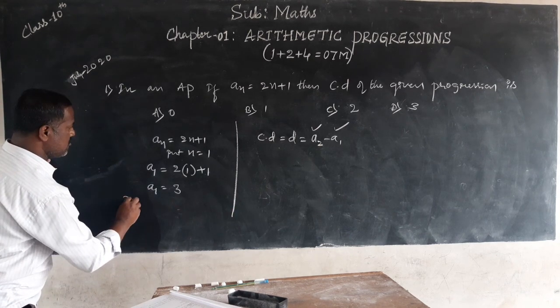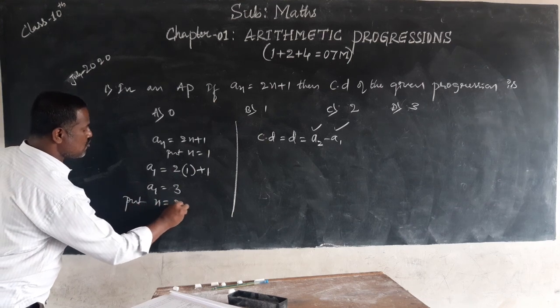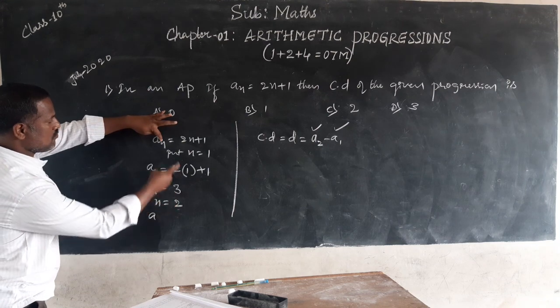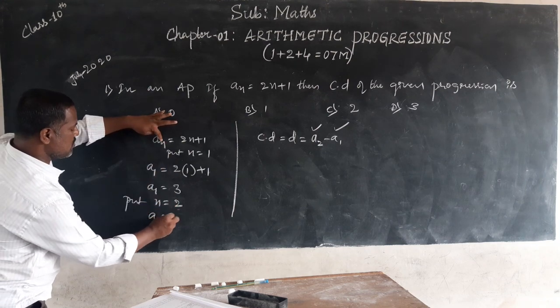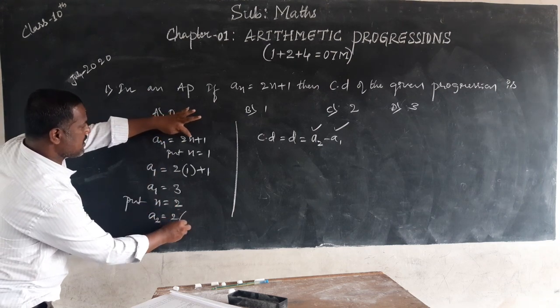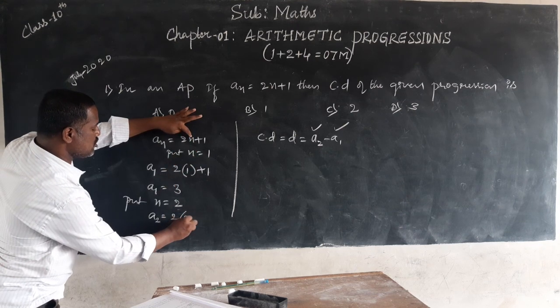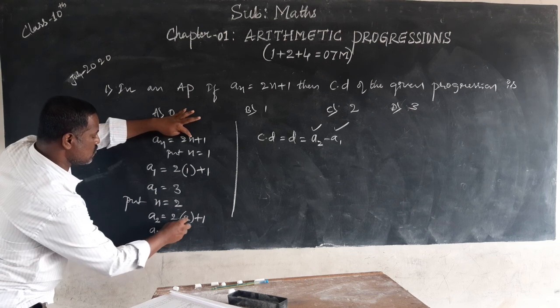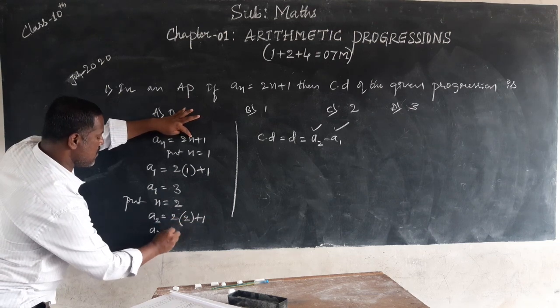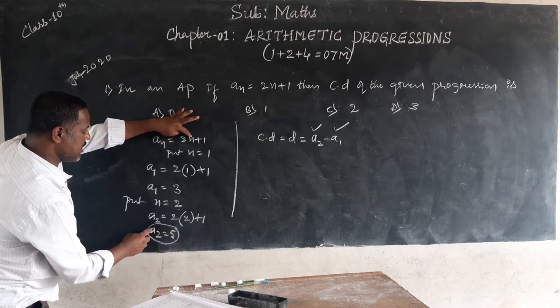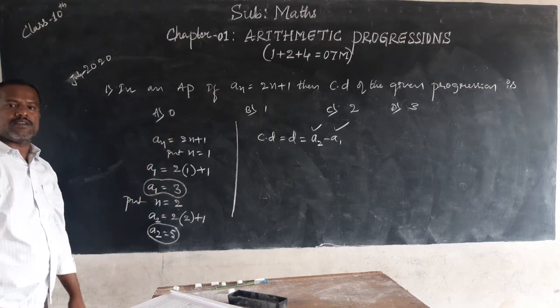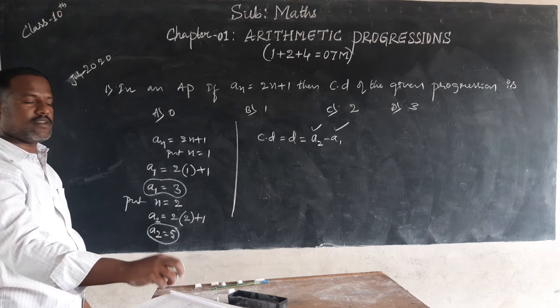Similarly, put n is equals to 2. That is A2, which is equals to 2, open the bracket, in place of n, 2, plus 1. That is A2 is equals to 2 2s are 4, 4 plus 1, 5. So what is the value of A2? 5. What is the value of A1? That is 3. See students, how simple it is.